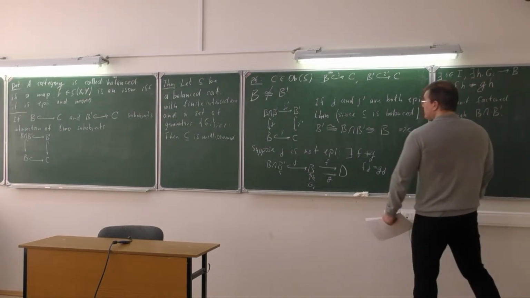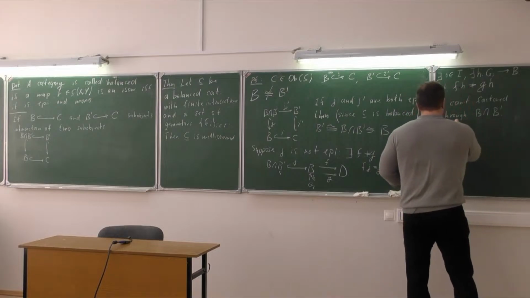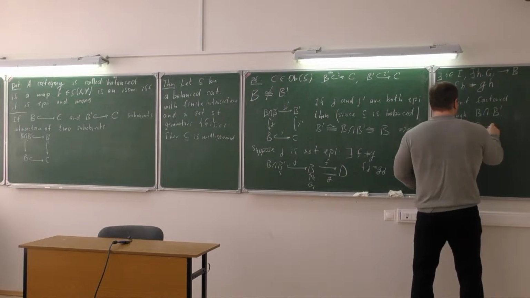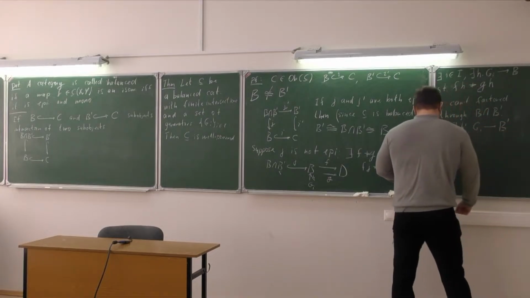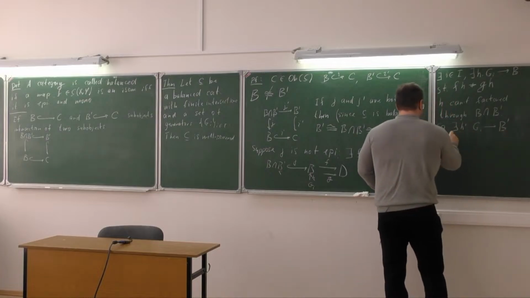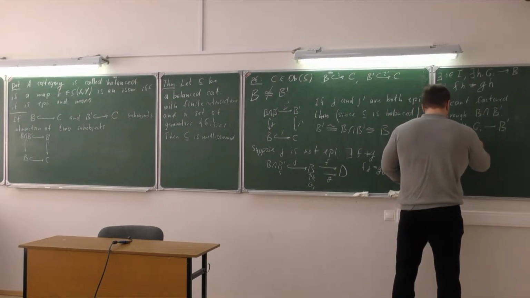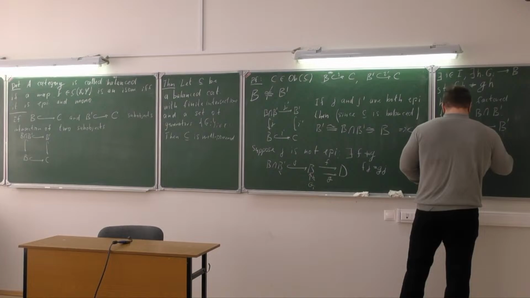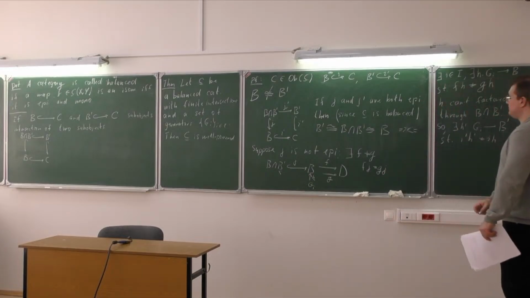So if there is no such factorization, I can conclude that there is no map H prime from the GI to the B prime such that I prime H prime is not equal to IH.